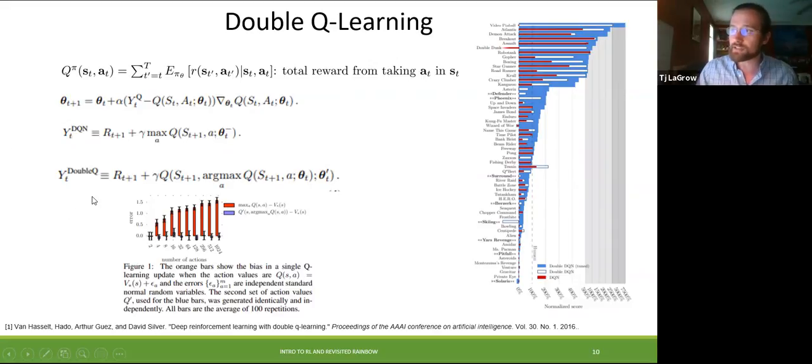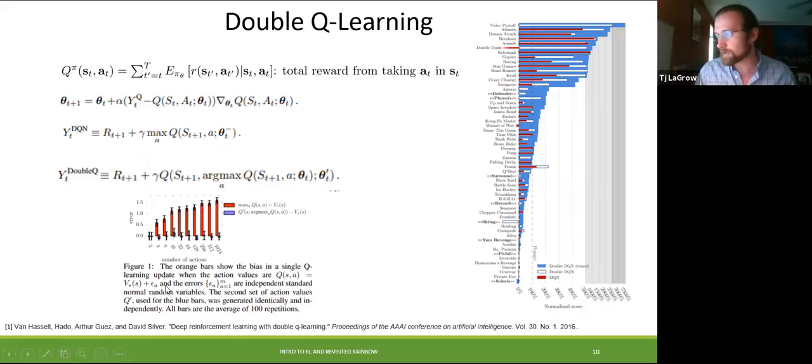Double DQN takes a second network, takes the max of the current Q network, and runs in parallel what the other action will do. What it's saying is that it's trying to eliminate the bias of overestimating given the certain task. So it's trying to do a little bit more exploring while also taking the maximum values.